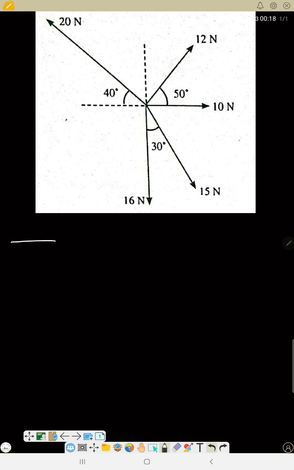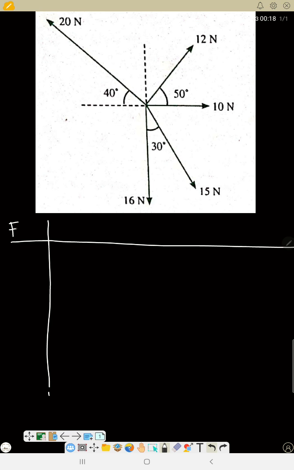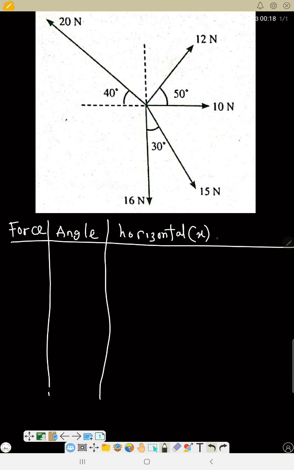So set up your table: force, angle, horizontal component X, vertical component Y.